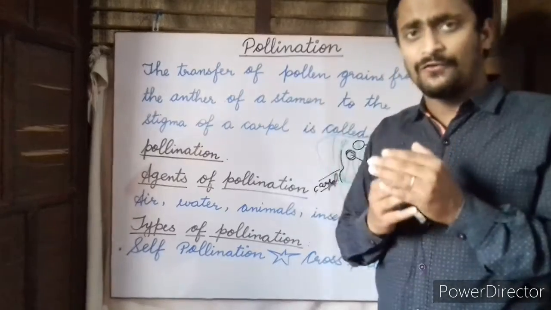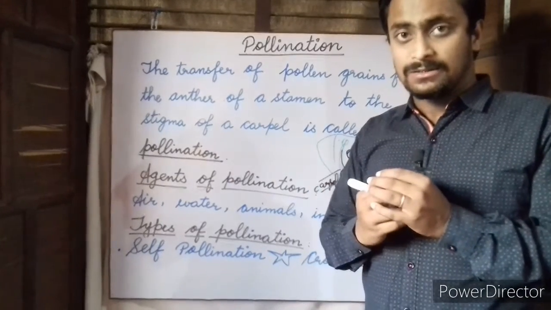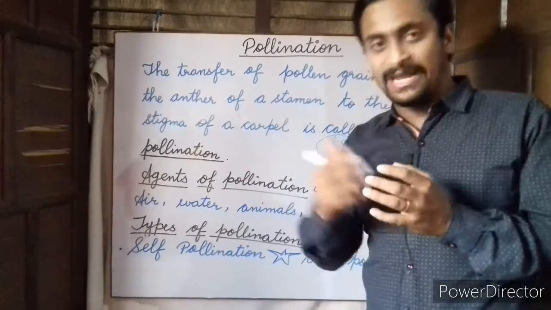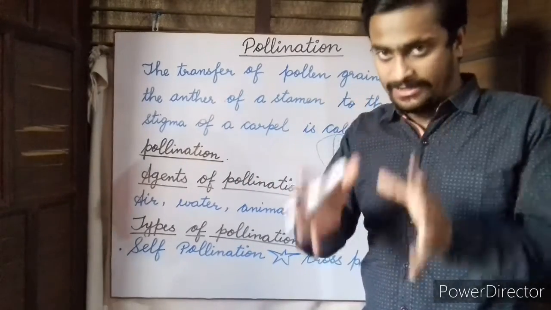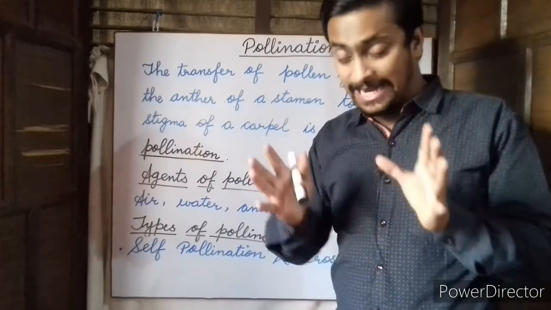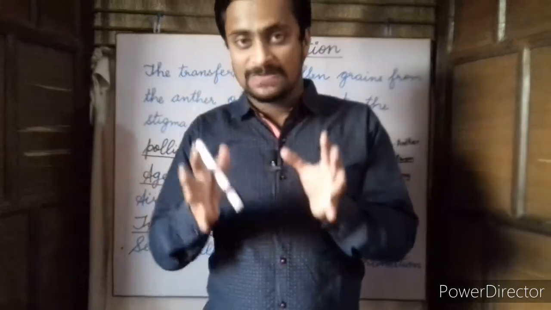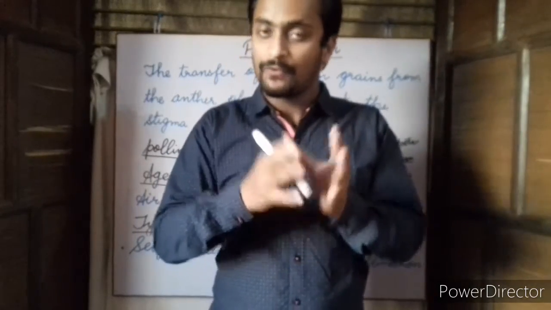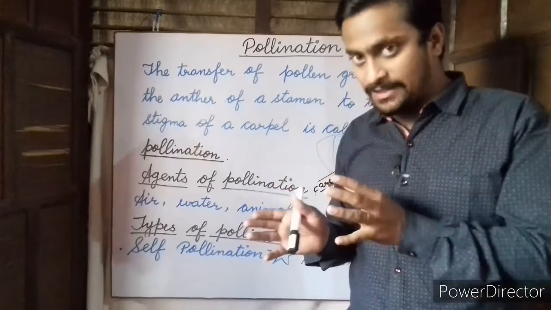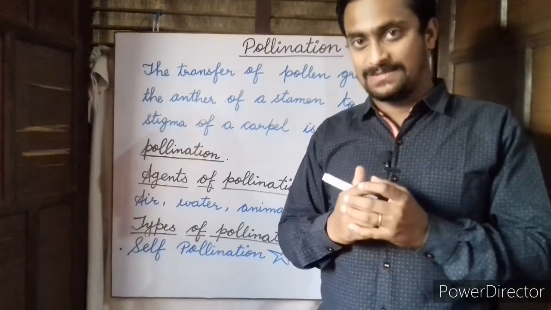So this transfer of male sex cells to the female part, to come in contact for the process of fertilization to be carried out, is called pollination. Once again, the process of transfer of pollen grains from the anther to the stigma of a carpel is called the pollination process.